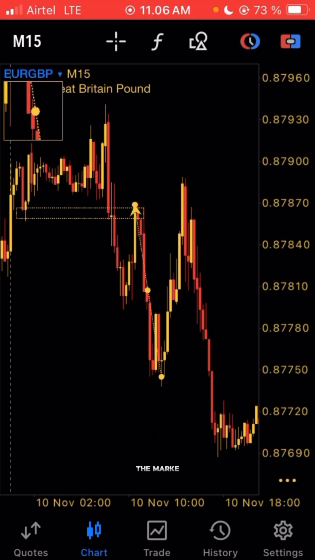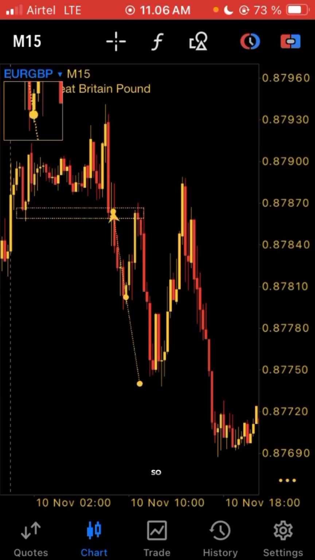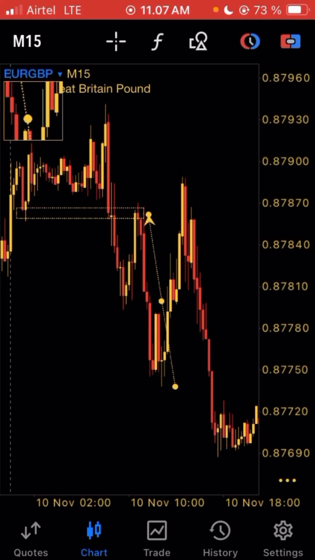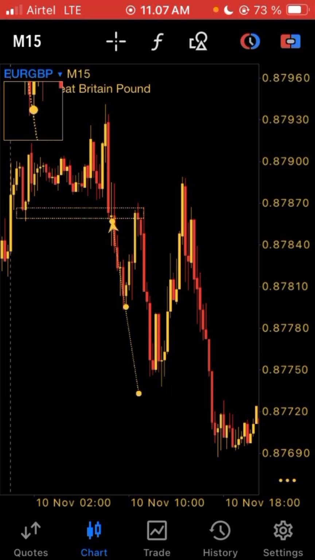The market retested that level, gave you an option, which is the second one, meaning you need to enter for the sell, right? So the first option is entry from the break, and the second option you enter from the retest. So if you want to be safe, you want to enter at an appropriate zone, or you took a late entry on this zone, then you can enter. So it's like a second chance for you.